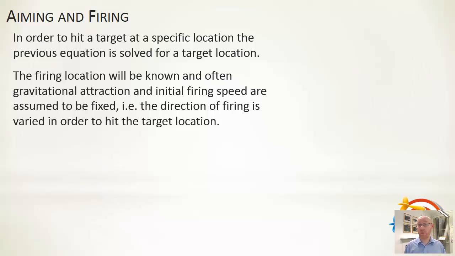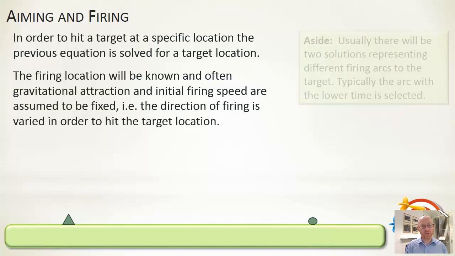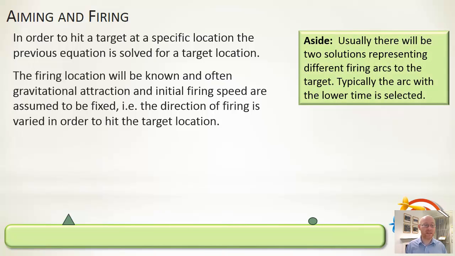If it's, for example, a bow and arrow, you can assume that the initial speed at which it will be thrown won't change, but the direction could be changed. If I was just throwing it, maybe I can control the direction and how hard I throw it. But given that equation, we know the position where it lands, or our target location we want it to land in, so what value do we put in that will enable us to get to that particular position?